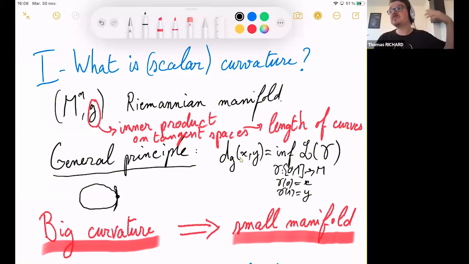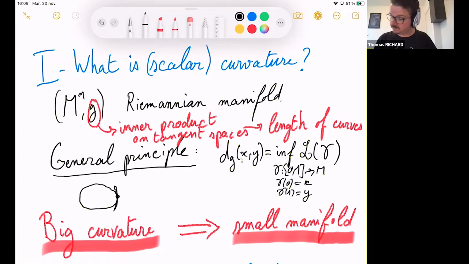Basically, if the curvature is bigger than 1 over r, then your curve can be put inside a disk of radius r. So big curvature, small geometric objects. And there are many incarnations of this principle.